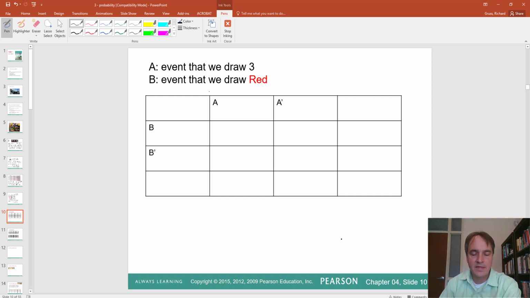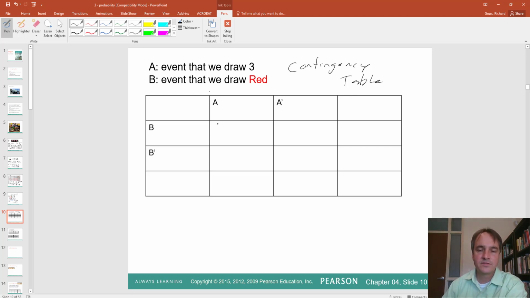So we can tabulate these insights to make it convenient for a number of calculations. So I've got a table here, and this is called a contingency table. And this is a way for us to organize the events, these two events for which we're interested in some kind of joint probability.